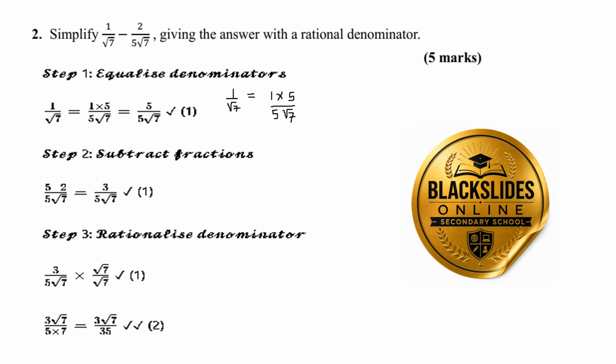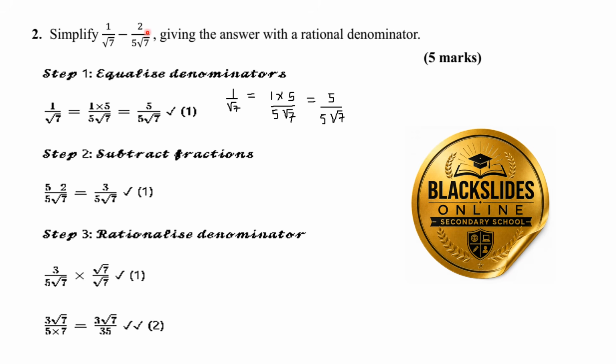But what we wanted by doing this is to have 1 times 5 over 5 multiplied by root 7. So this is basically the same as 1 over root 7. So 1 over root 7 is the same as 5 over 5 root 7.